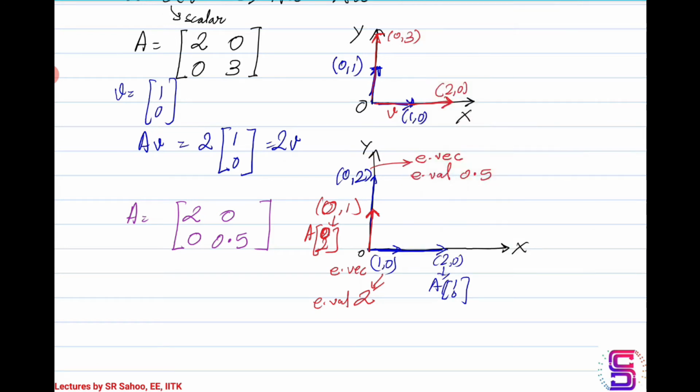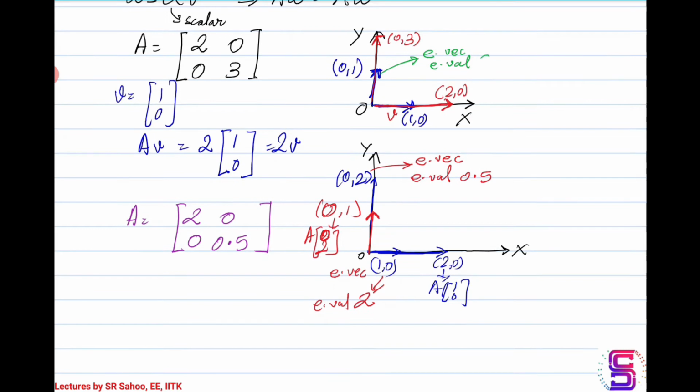In the previous case, 1 0 is the eigenvector with the eigenvalue 2, and 0 1 is the eigenvector with the eigenvalue 3. Okay.